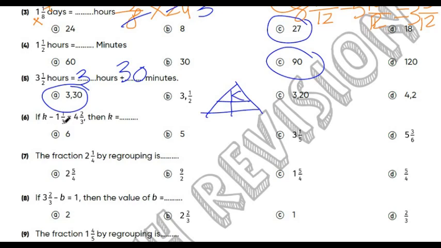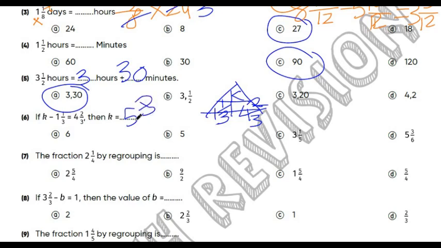This is only in dividing and subtracting, and the other two numbers will be at the bottom, 1 and 1 over 3 and 4 and 2 over 3. So we have to add these two numbers to get the result, and the denominators are the same, so it will be easy to add them. 1 plus 4 is 5, 1 plus 2 is 3, so it should be 5 and 3 over 3.